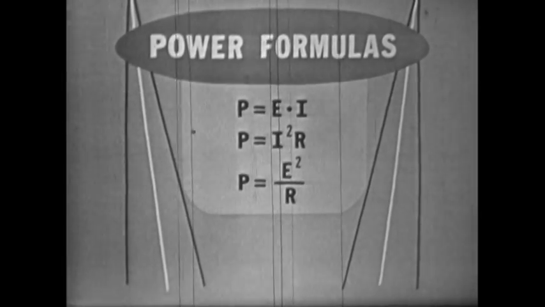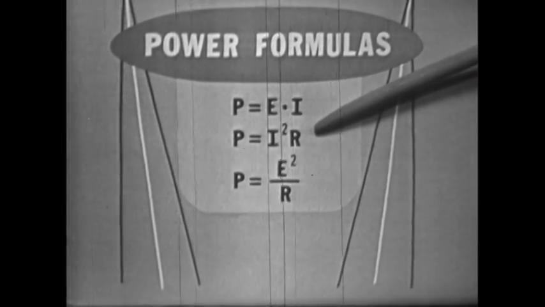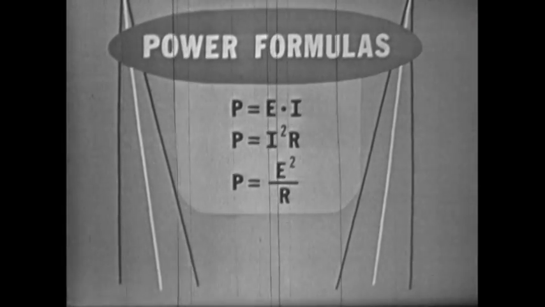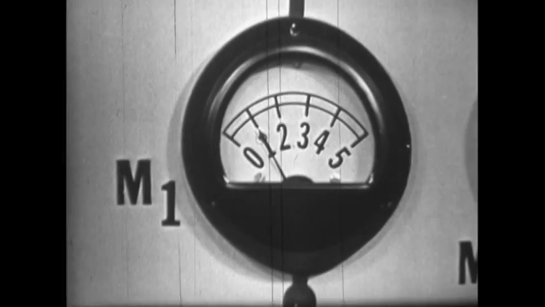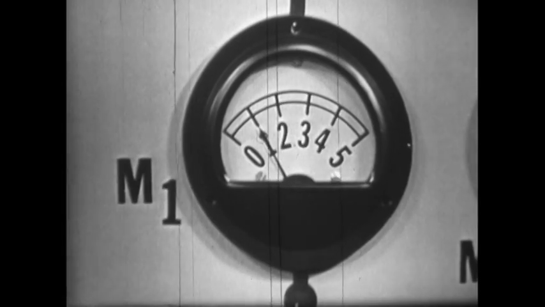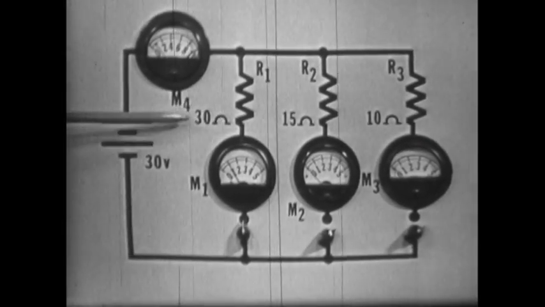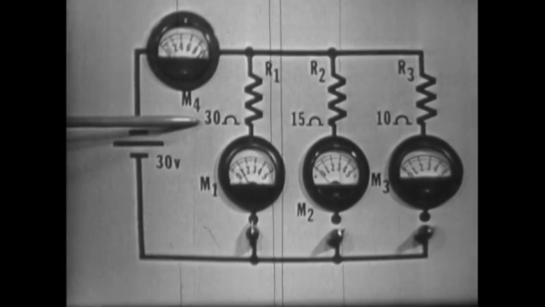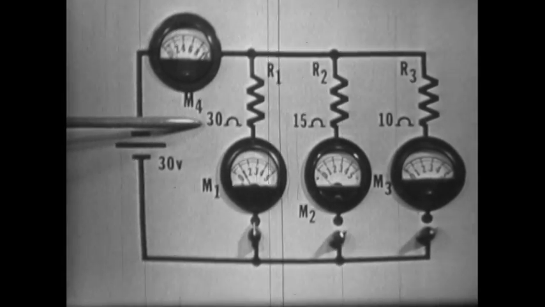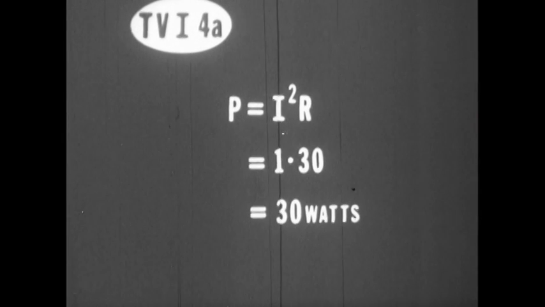Let's use the I squared times resistance formula. Looking at meter 1, we find that the current is 1 ampere. The value of R1 is 30 ohms. Applying these values to our formula, we have 1 times 30, which gives a power of 30 watts dissipated by branch 1.